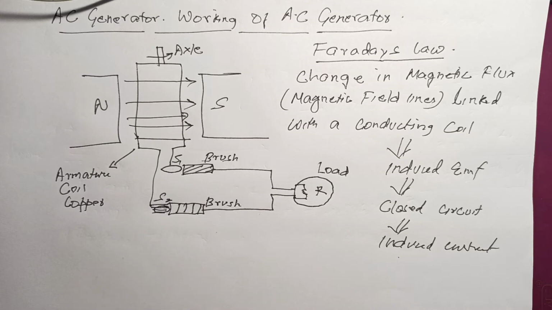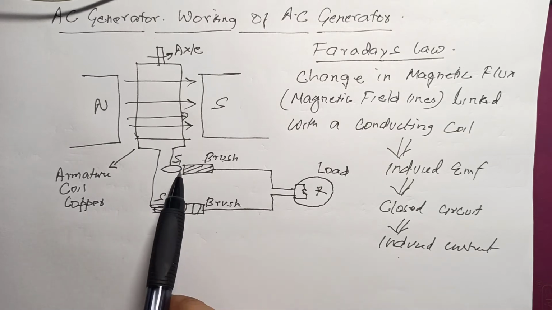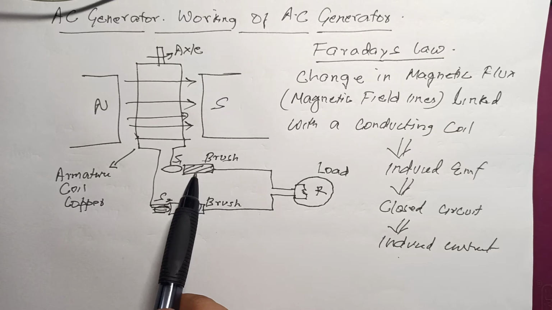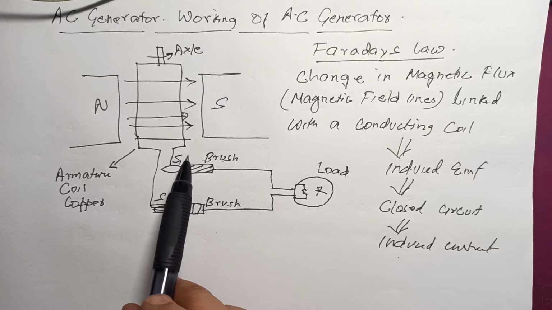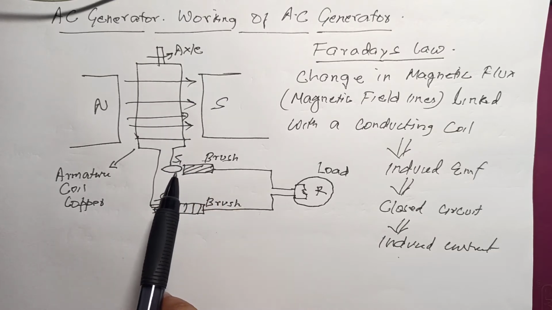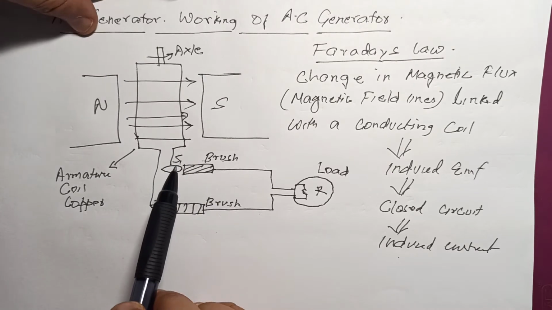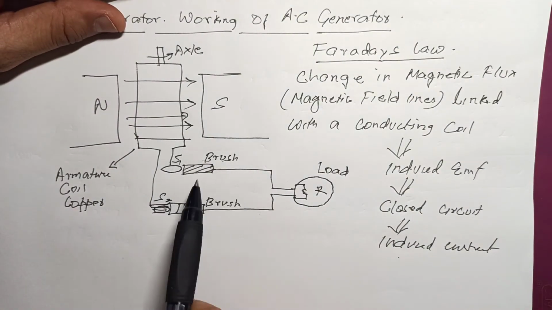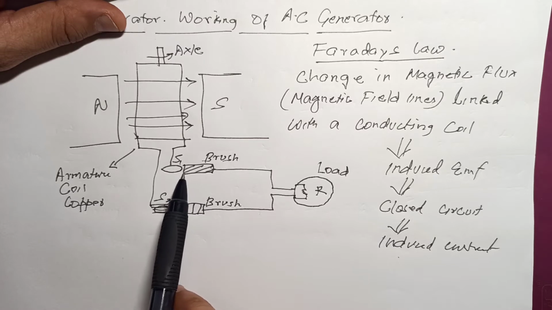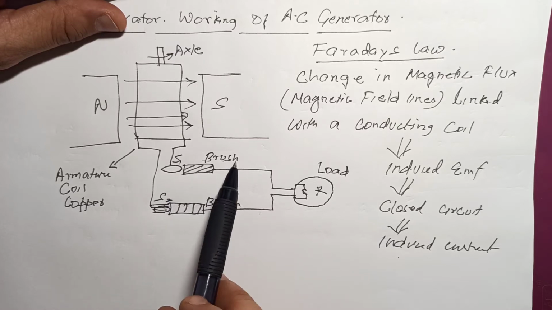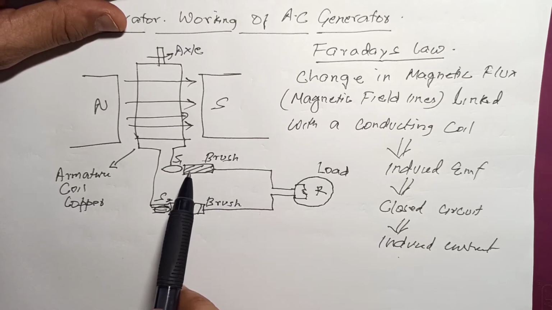Now what happens is this is connected to a brush, and the function of brush is, because this is moving, if it is a fixed joint and not a brush, then it might break. So because of the brush, it is very flexible, correct?